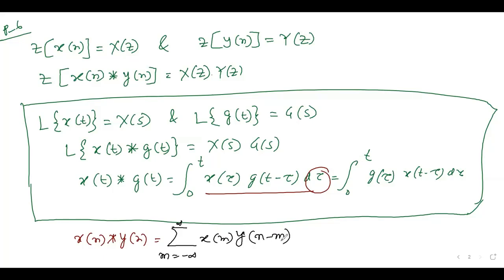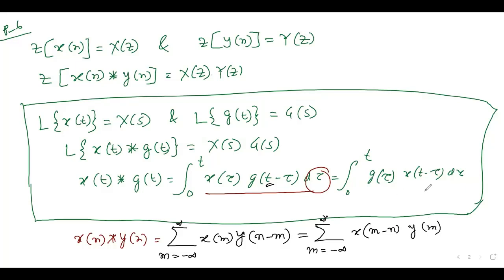In time domain convolution, we have two variables t and tau, so we find the integration with respect to tau. Similarly here we find the sum, as if tau means m and t means n. You can also write this as summation m equal to minus infinity to plus infinity, of x of m y of n minus m.